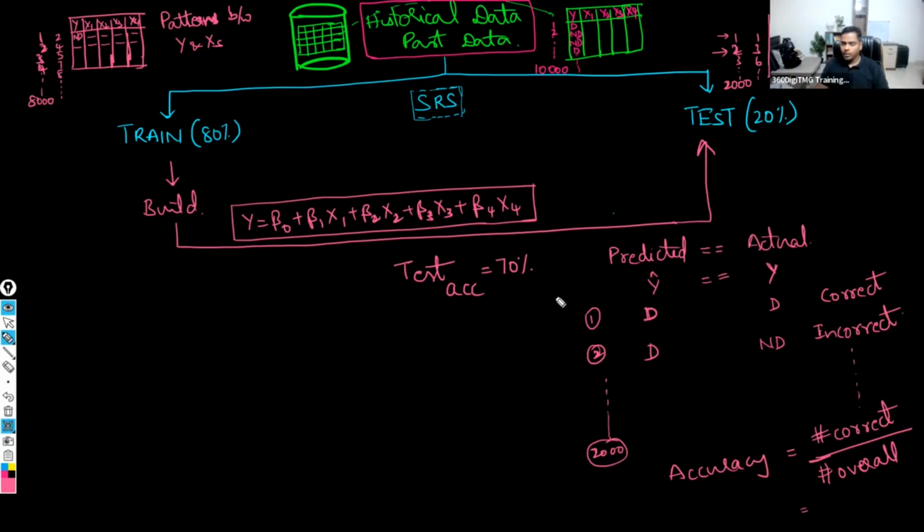When you have more data in the test, you can say that, here I've tested on more data. So with confidence, I can say that accuracy that we can achieve is 70%.